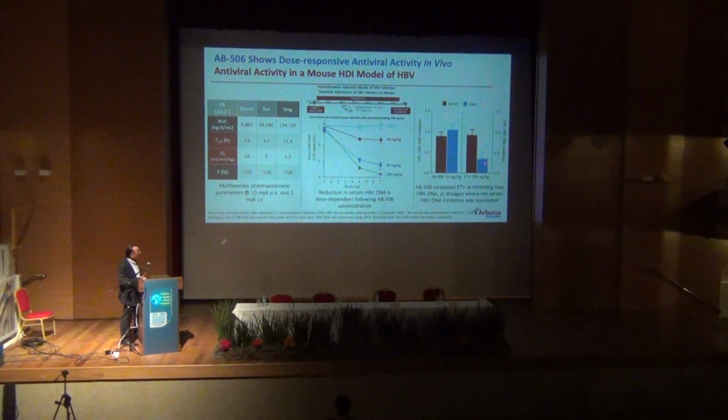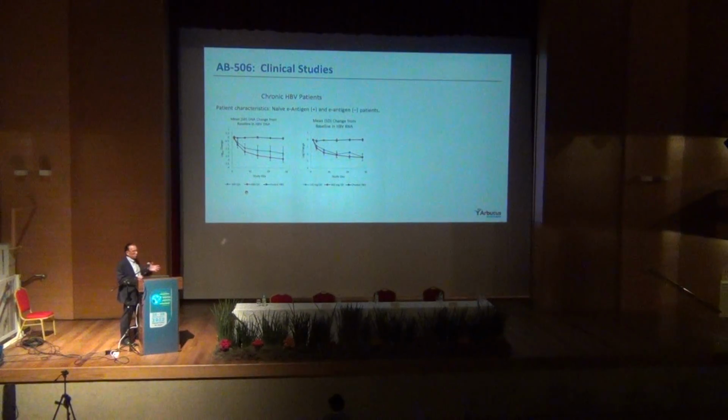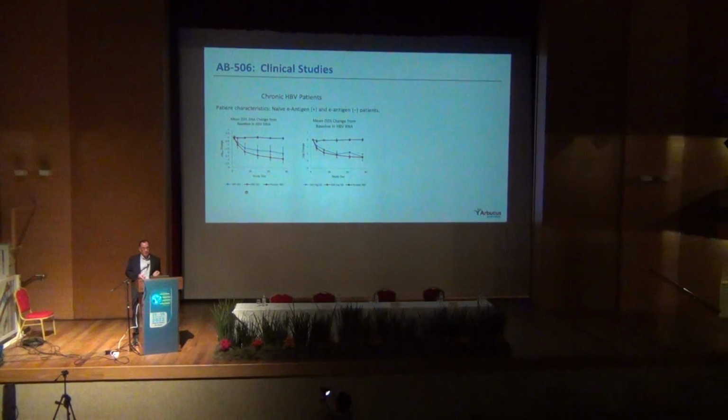That's in contrast to nucleosides, which actually work much better in producing reduction in HBV DNA in the serum than is actually observed when we look at the liver directly. This molecule was taken into the clinic. We saw, in the healthy volunteers, both a single ascending dose and a multiple ascending dose, 5 days multiple ascending dose study, the molecule was very clean.